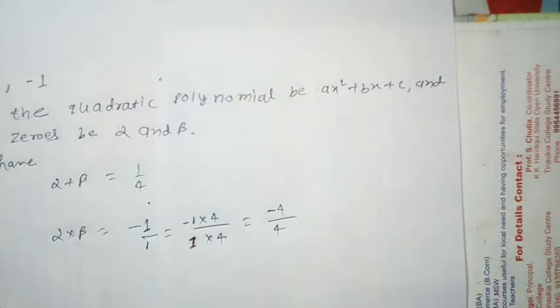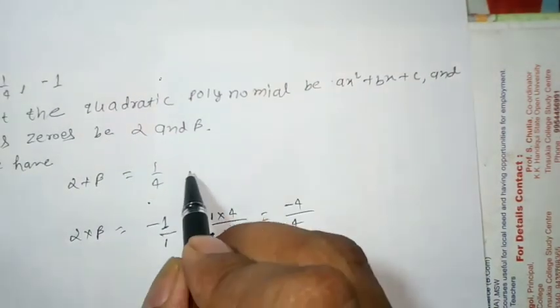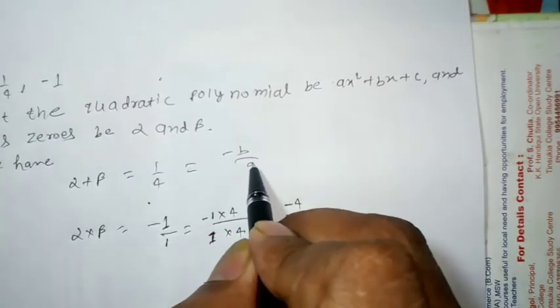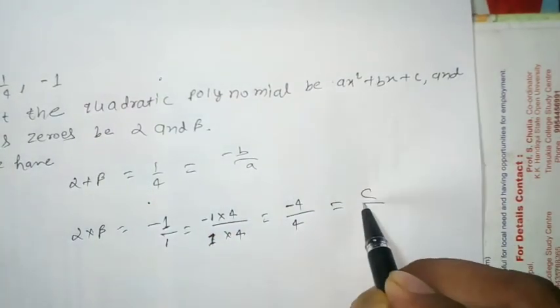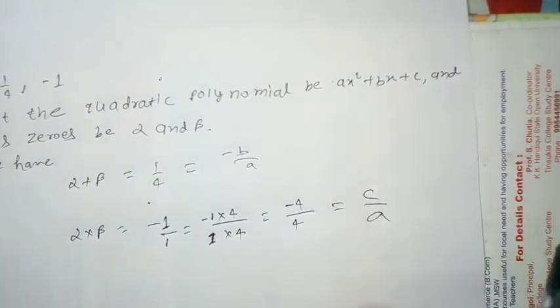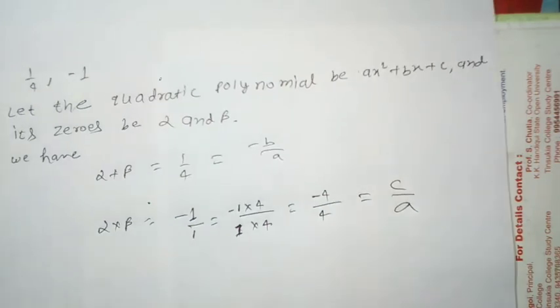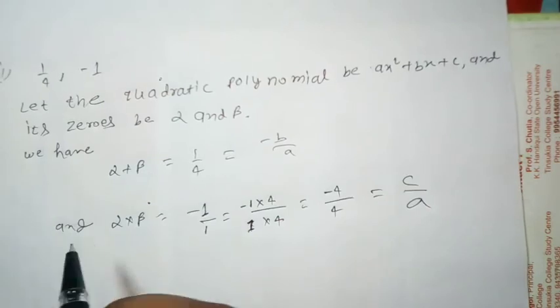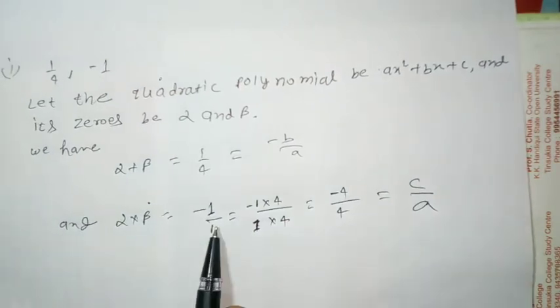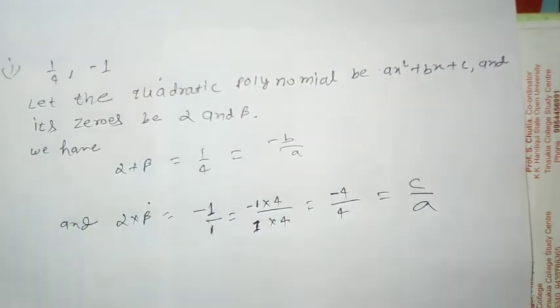So I can also write minus b by a and here c by a, and alpha into beta is equal to minus 1.